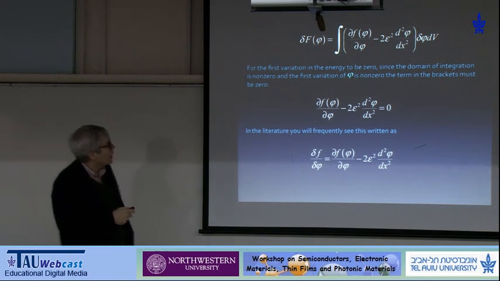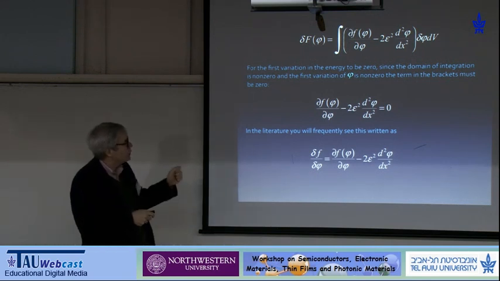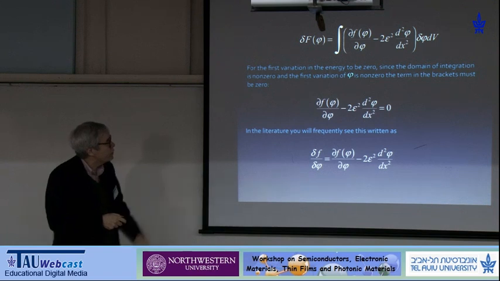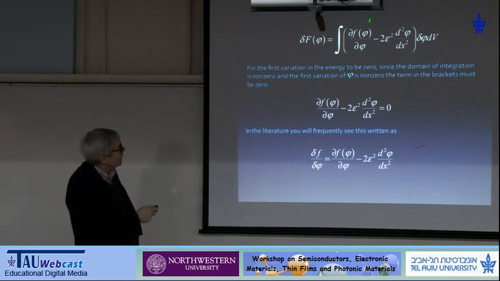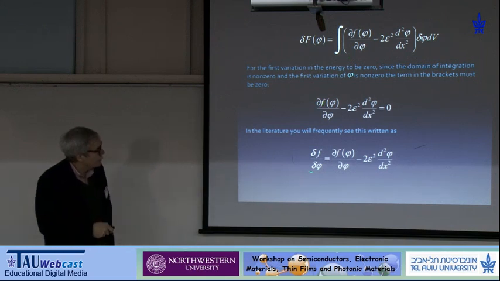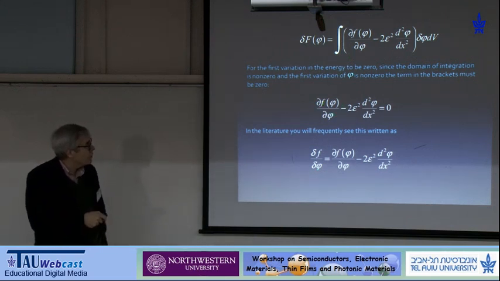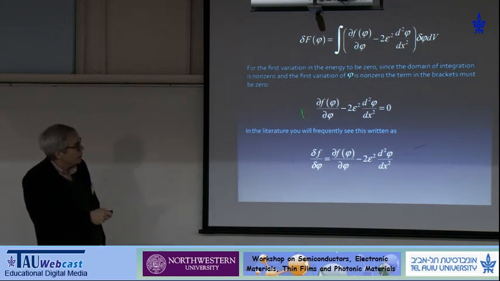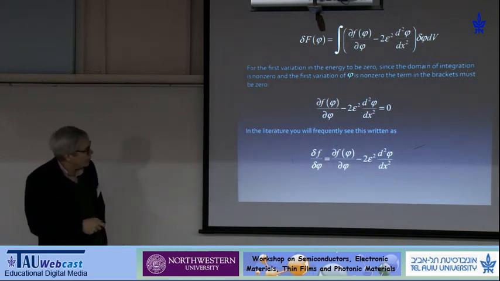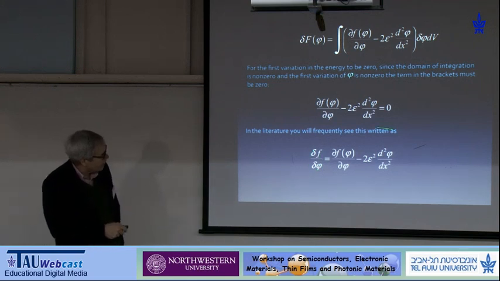You can certainly do that, but that depends upon a very specific choice of the composition as a function of position. If you want an answer that's general, you just set the stuff in the brackets to 0, and you get this. And this is what's called the variational derivative or functional derivative. These are also called Euler-Lagrange equations in the mathematics community. And so the first variational derivative of f with respect to phi is just this.